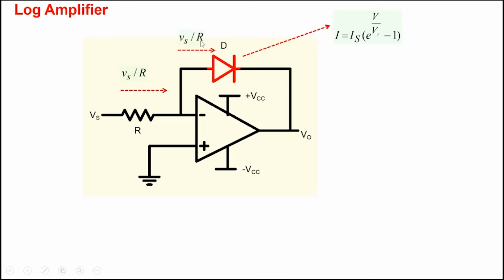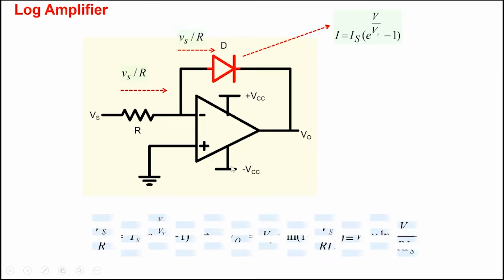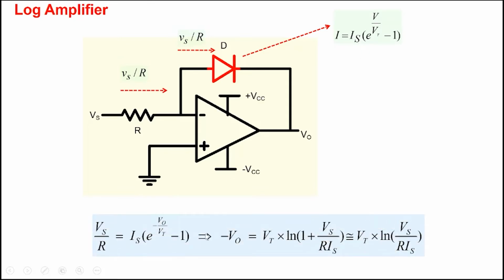Then we use the diode equation, Vs by R equals Is times e to the power V by Vt minus 1, and rearrange it. We get minus V naught, because the forward bias voltage is minus V naught, so that's where the minus sign is. So minus V naught is Vt ln of 1 plus Vs by R Is.